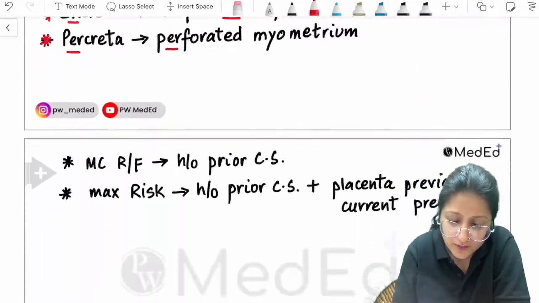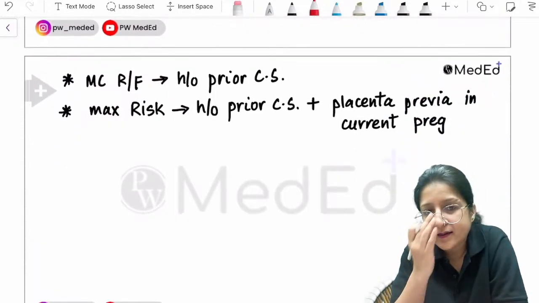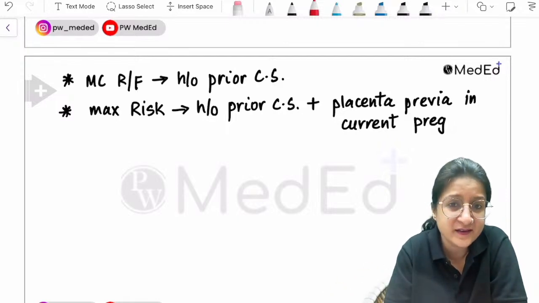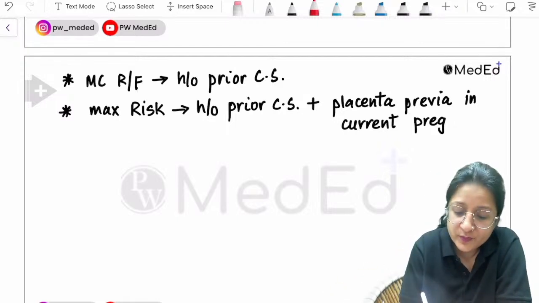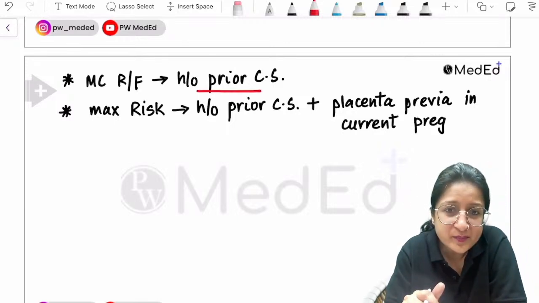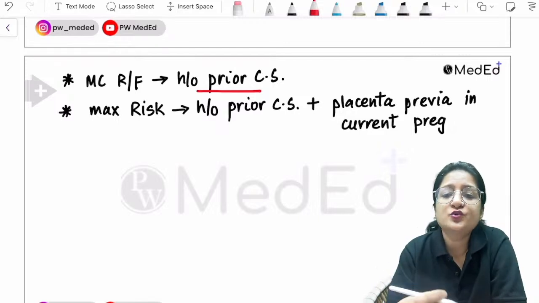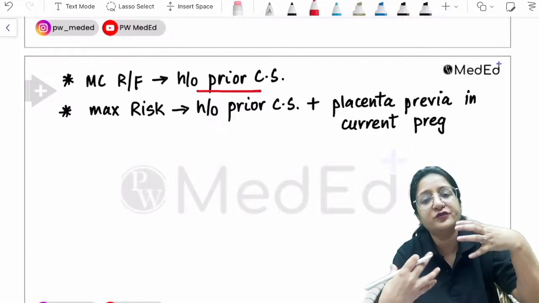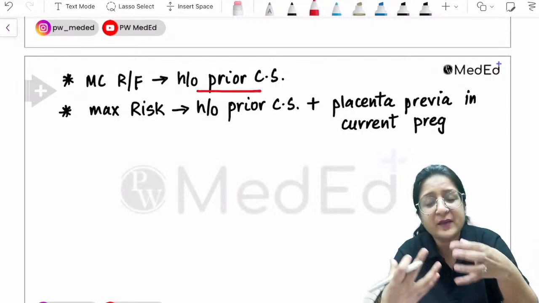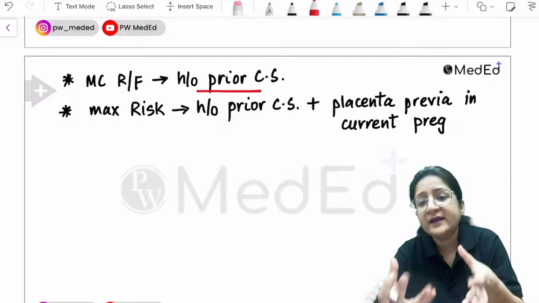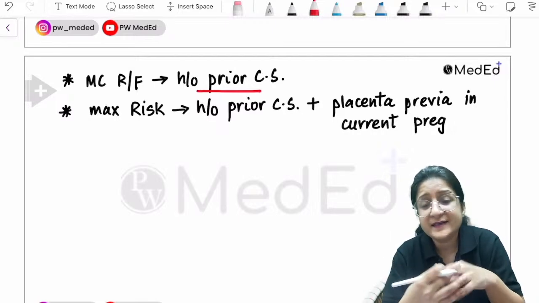Now the most common risk factor for placenta accreta or morbidly adherent placenta is a history of previous cesarean section. So that is going to be a clue in your question. Also remember that any situation which leads to scarring in the uterus could be responsible. So there could be history of prior surgeries like myomectomy or multiple DNCs in the past, or a history of Asherman syndrome.